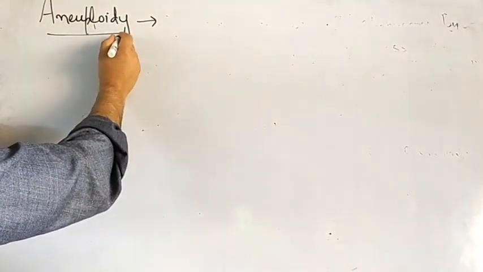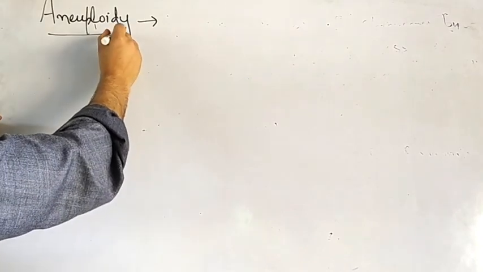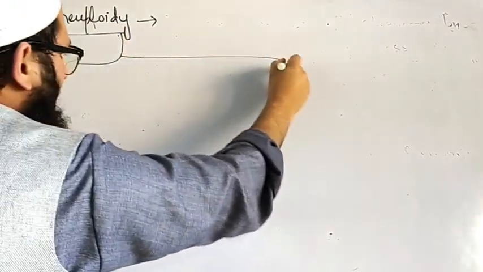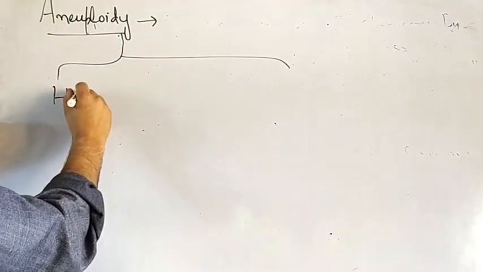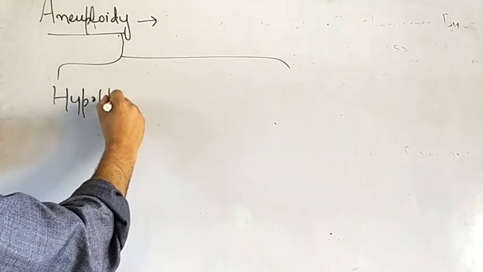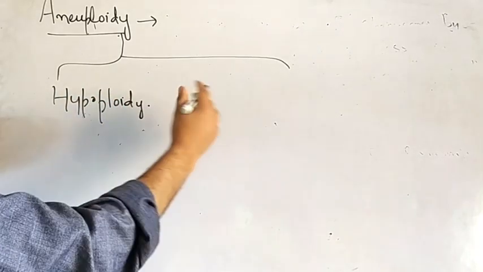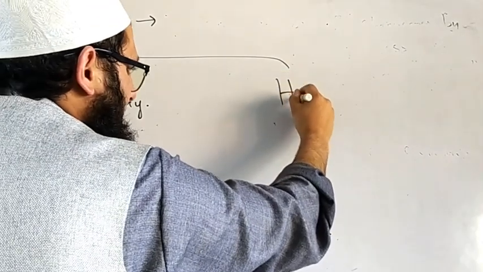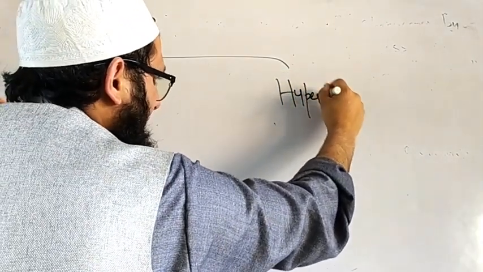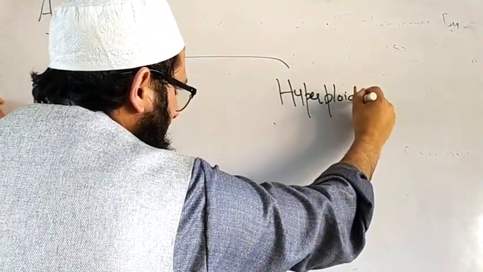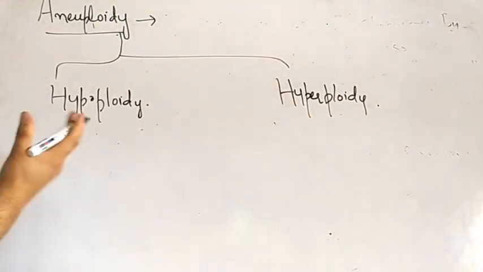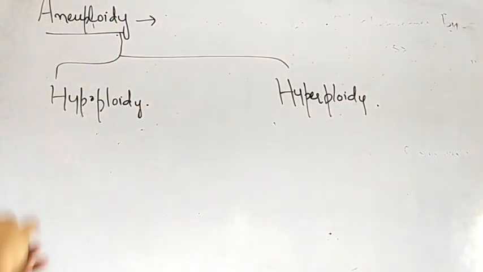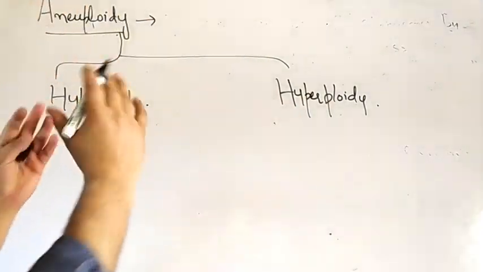So yeah guys, we have Aneuploidy of two types. One is Hypoploidy. Obviously the second one will be Hyperploidy. You know it: hypo is when something is less than normal, and hyper means when something is in excess.